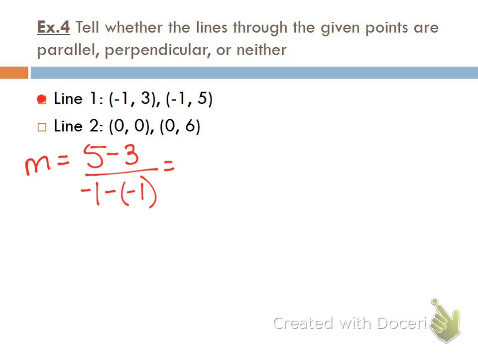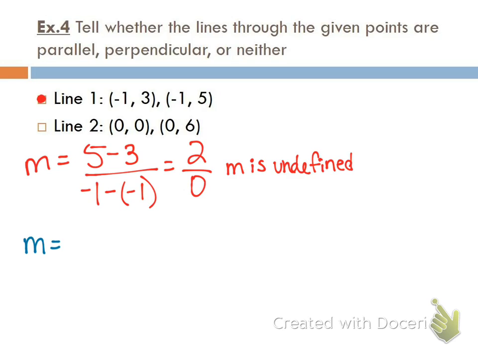5 minus 3 gives me 2. -1 plus 1 is 0. What does that mean for my slope? It's undefined. So slope is undefined. If you put U and D, that's fine. All right, line 2, I'll make blue.